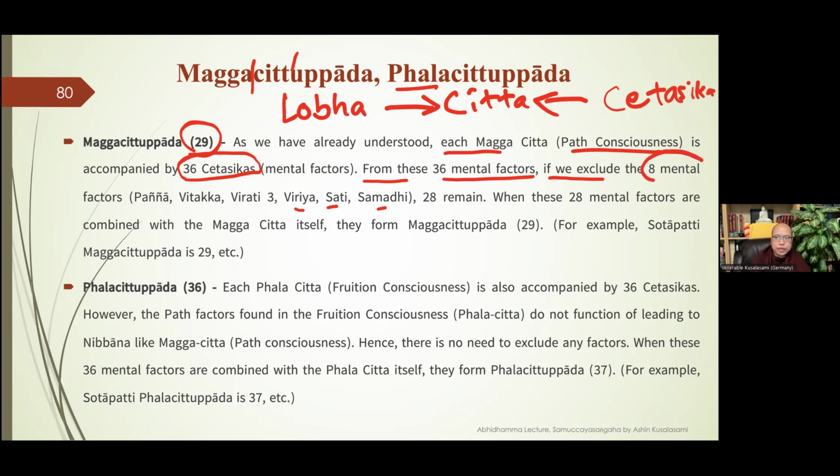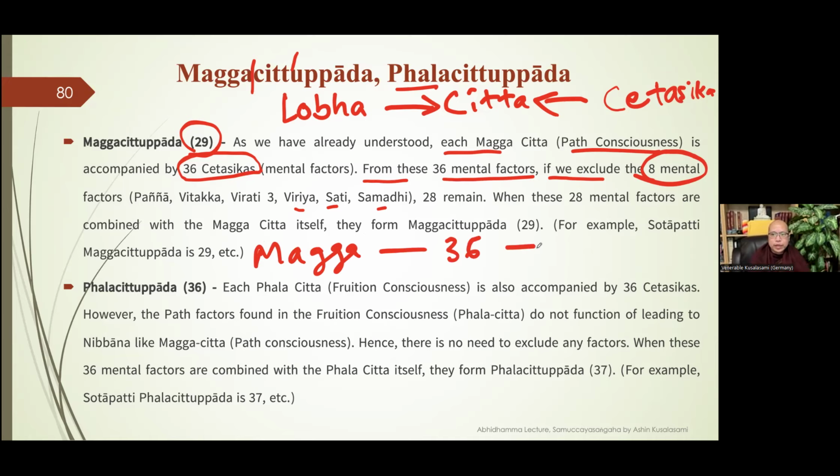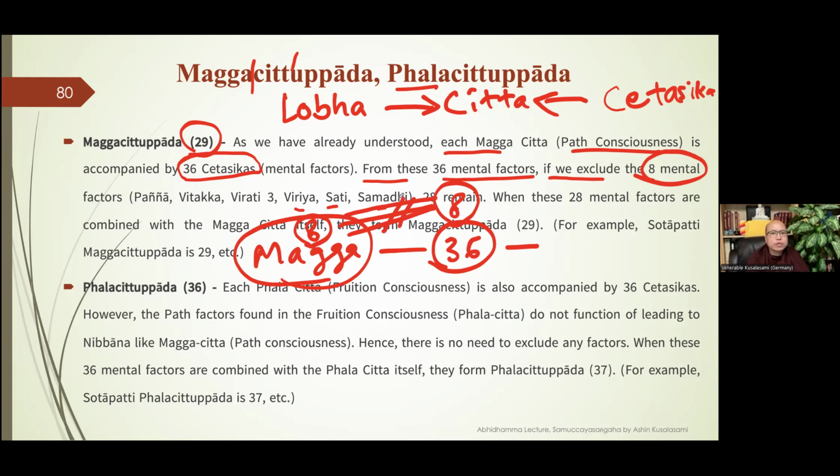Here too, the formula is the same. Why are these eight mental factors excluded? Because here the base is the Magga. We look at the Magga Citta and 36, and within these 36 the eight mental factors are included. So we cannot say panna is accompanied by panna, vitakka is accompanied by vitakka, or virati is accompanied by virati. We don't say that in the Abhidhamma.